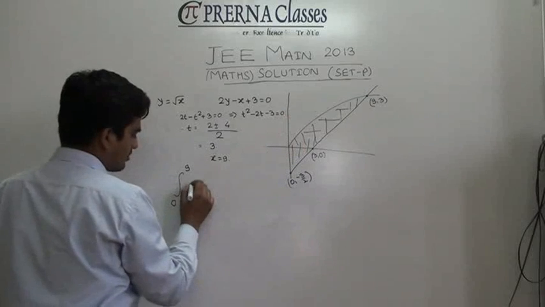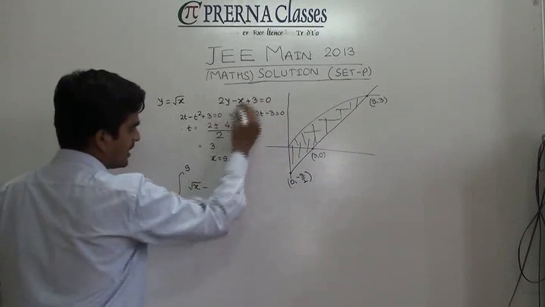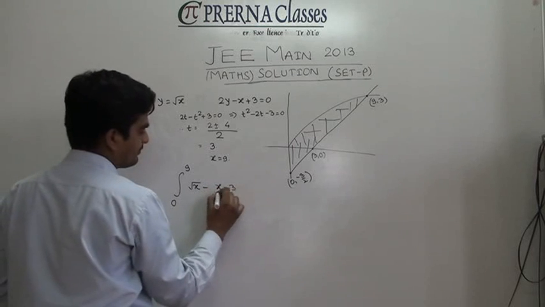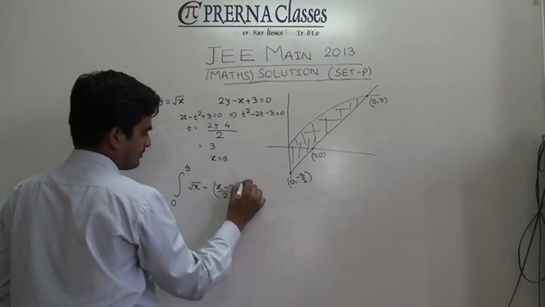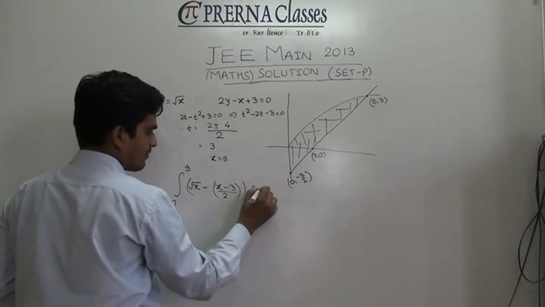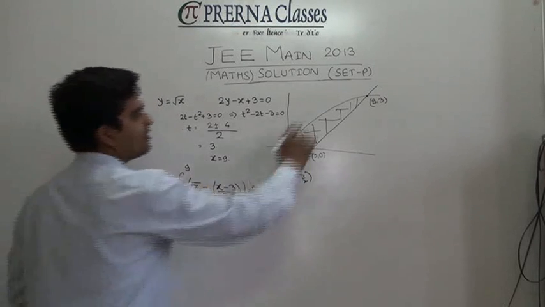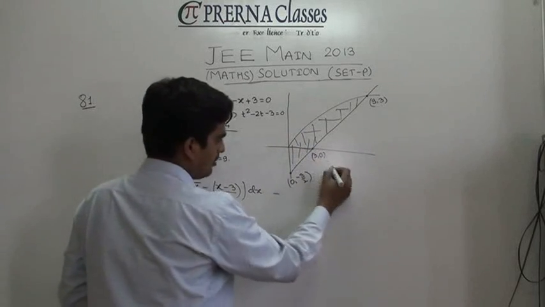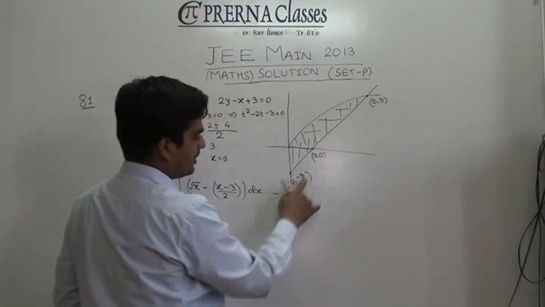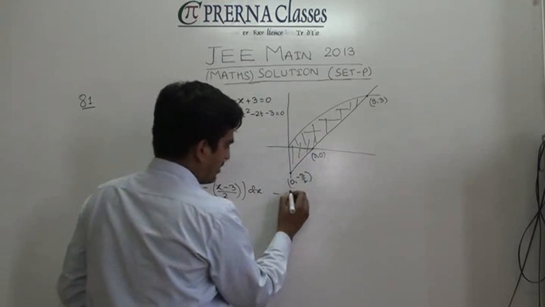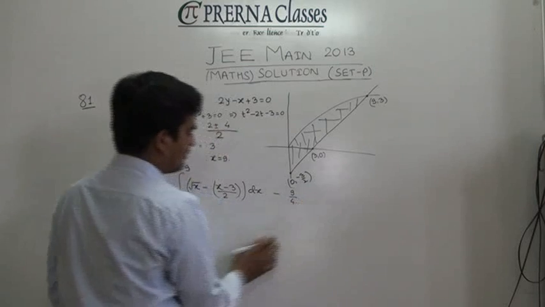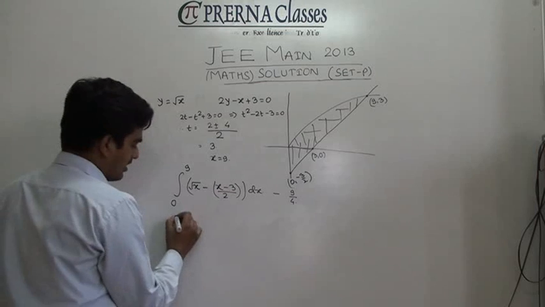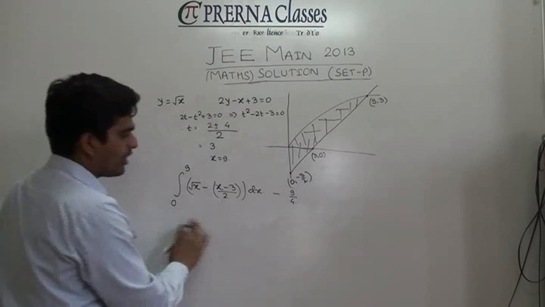Then the upper curve, that is root x, minus the lower straight line, which is this, this is going to be the complete area, out of which we need to subtract the area of this right angle triangle, which can be easily computed as half times 3 times 3 by 2, simplifying to 9 by 4. So if you simplify this whole matter, you will end up getting the required area.